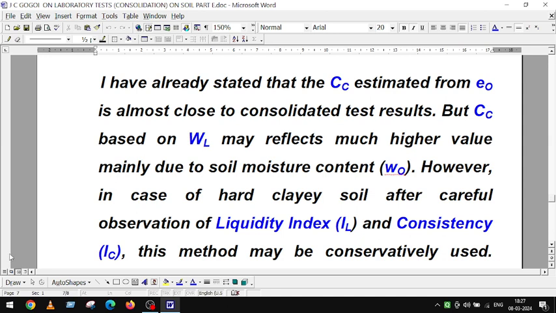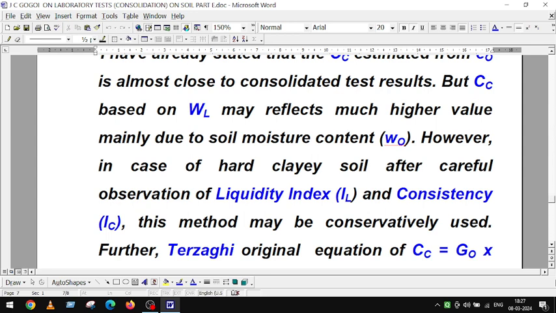Earlier it was relative consistency, RC; now it is liquidity index. Observing both test results, it is a simple calculation. From both methods, this may be conservatively used.